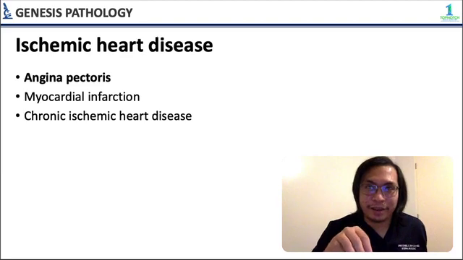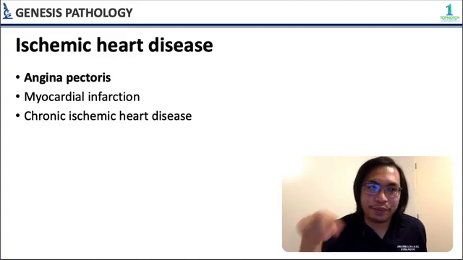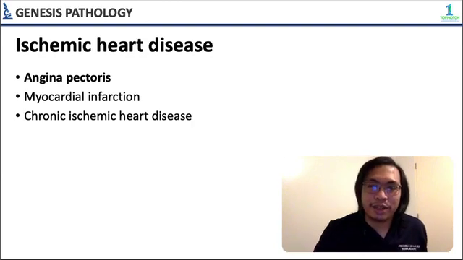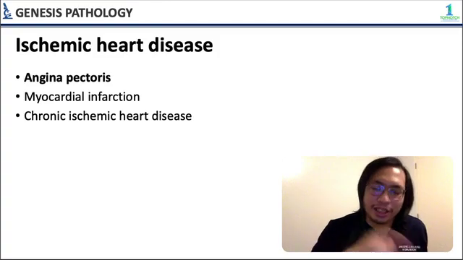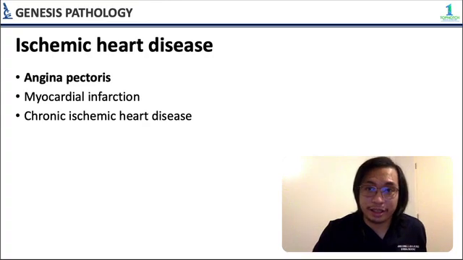Tapos in the acute coronary syndromes, magba-branch out into NSTEACS or non-ST elevation acute coronary syndrome and your STEMI, di ba? ST elevation myocardial infarction. NSTEACS will further branch out into unstable angina and non-ST elevation myocardial infarction. So that's another way to classify your ischemic heart disease.